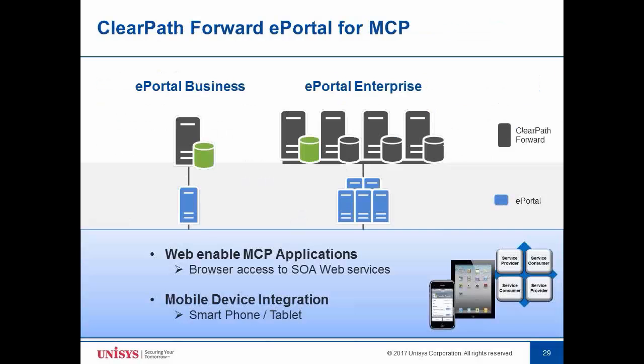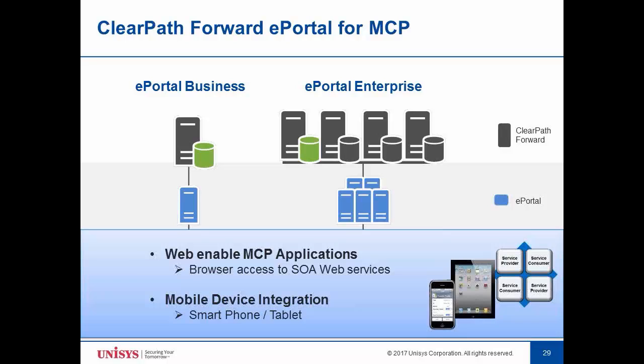Now, one of the things you may have seen missing from the list there was the ePortal. Over the last few platform releases, we have included the ePortal as part of our overall Libra architecture. That is not the case with the Libra 6400 or 8400. The ClearPath Forward ePortal for MCP is still available, still a very vital product for the ClearPath Forward family, but it has now taken a front-end approach, where it's a separate device that can actually be used to front-end multiple Libra systems.